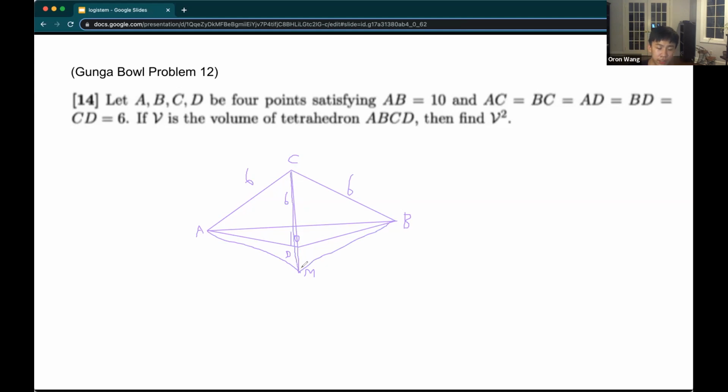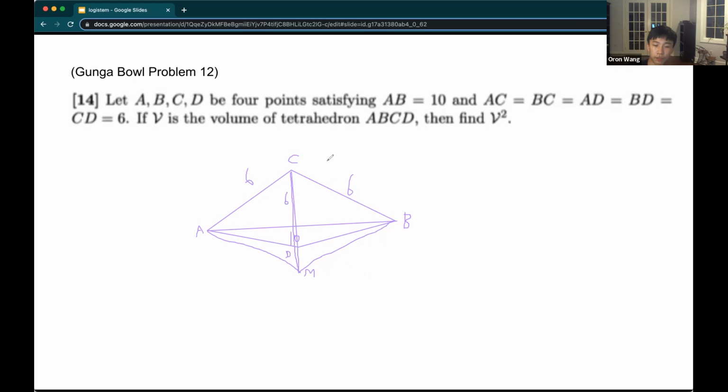And what we notice is that since AD, BD, and CD are all the same, and DM is always the same, we get AM equals BM equals CM. And since M is on the plane of triangle ABC, we get M is the circumcenter of triangle ABC. So now we want to find the volume of this tetrahedron.